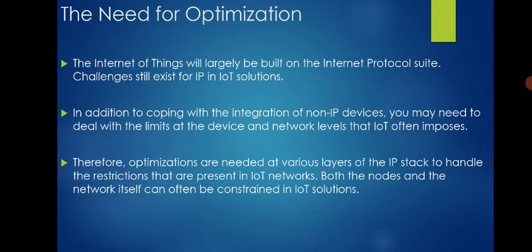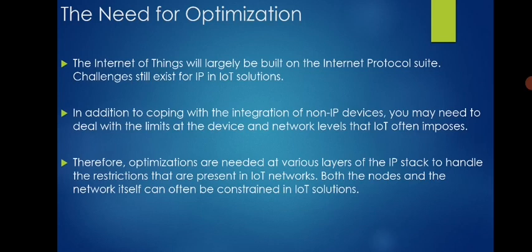For that, we can go for adaptation layers, which are responsible for converting IP version to non-IP version, and in the reverse direction non-IP to IP, for communication. The second option is to remove all those non-IP supported devices and deploy only devices that support IP.